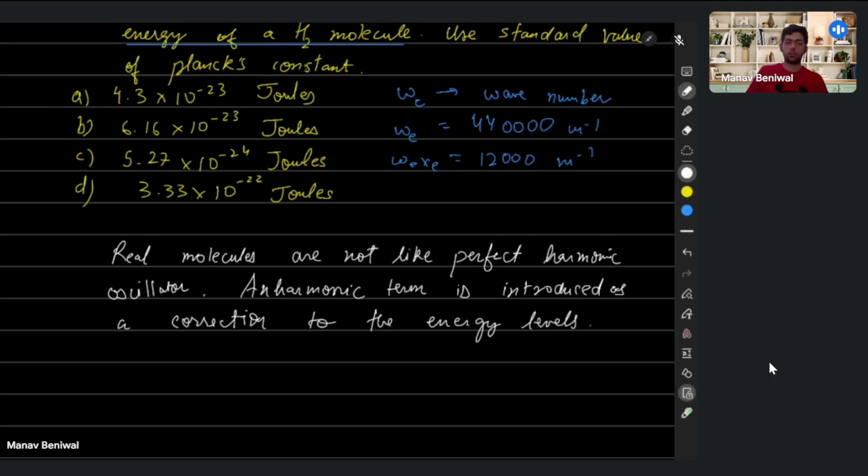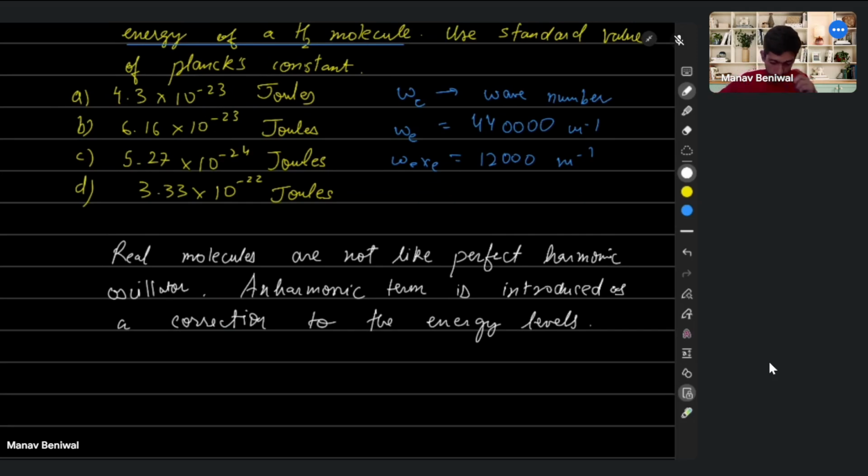We have solved one problem for the harmonic oscillator, but real molecules are not like perfect harmonic oscillators, because this is a real system, right? So to make our model better, we add an anharmonic term, a correction term to the energy levels, so that the solutions we are getting are much more physical, right?